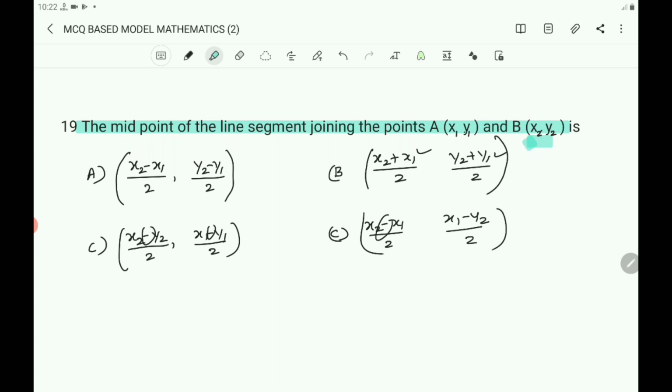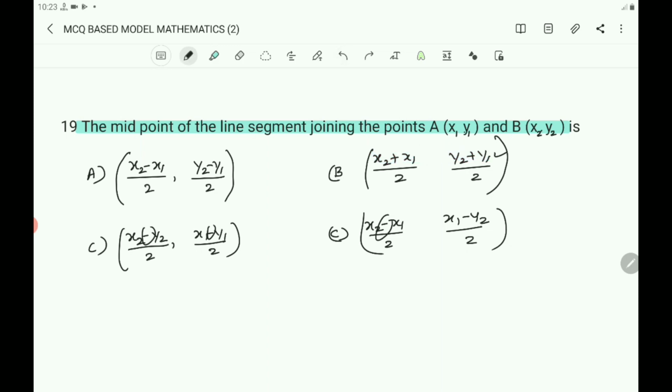You know that it is (x1 plus x2) by 2, (y1 plus y2) by 2, or (x2 plus x1) by 2, (y2 plus y1) by 2. If you know the formula, you can recognize the answer easily.